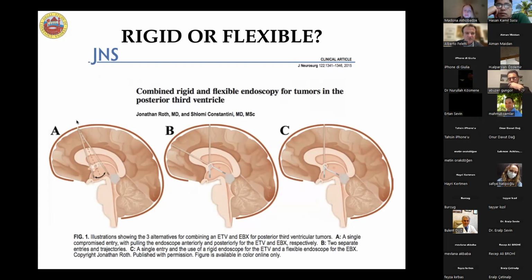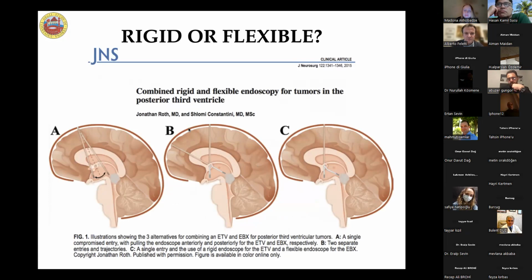Or sometimes you can choose to place the entry point in between these two optimal trajectories. But of course, in this case, you have to accept the fact that you can apply some force at the level of the foramen of Monro.